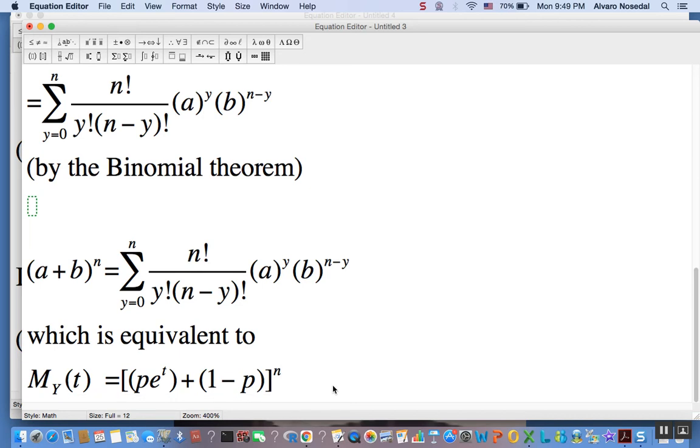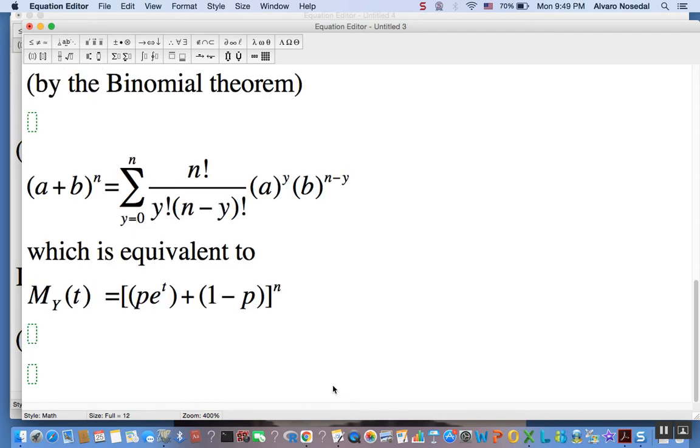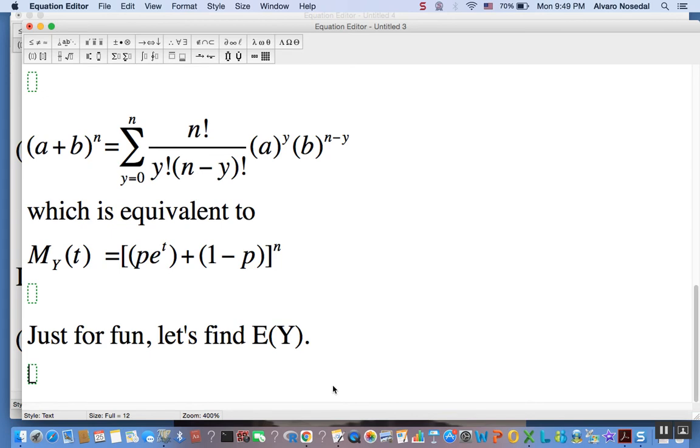And there you are. You should have your expected value. Okay, so just for fun, how about we test drive our MGF and see if it works? We know that the expected value for a binomial random variable is np, right? So just for fun, let's find the expected value of Y using the MGF.